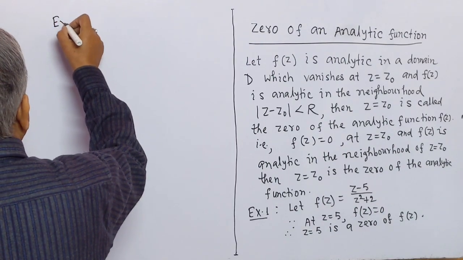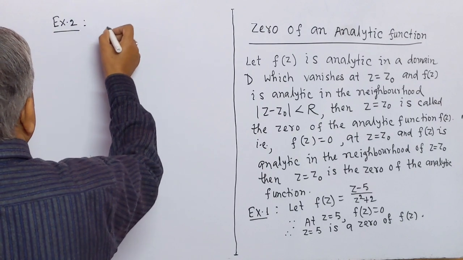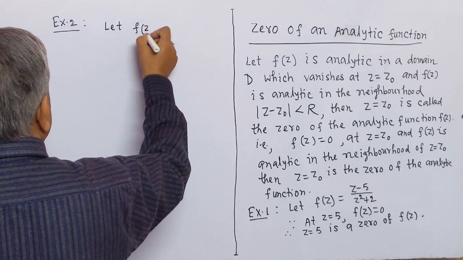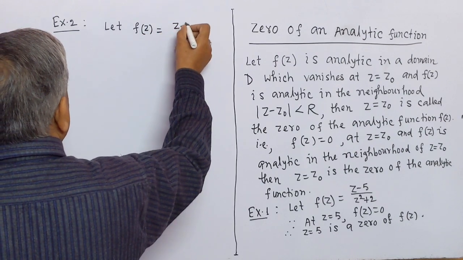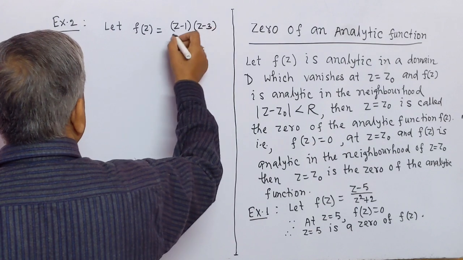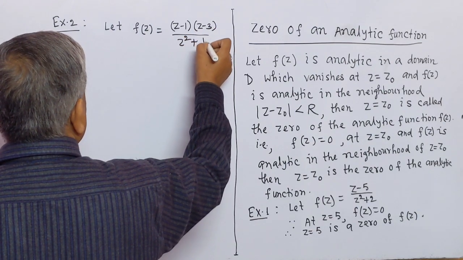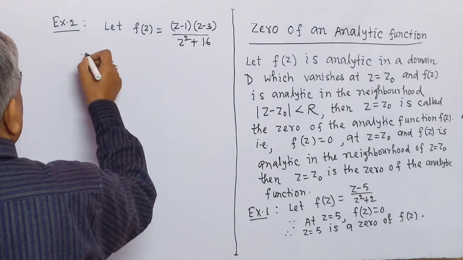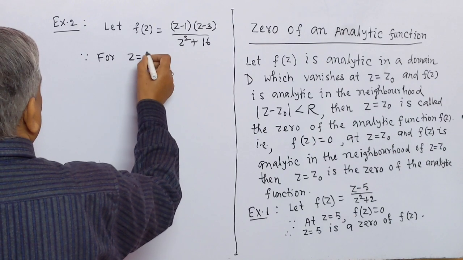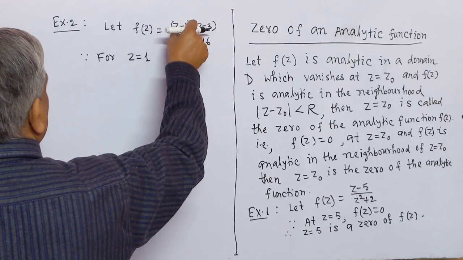Example 2. Let f(z) equal to (z minus 1)(z minus 3) by (z square plus 16). Since for z equal to 1, if we put z equal to 1, this becomes 0.